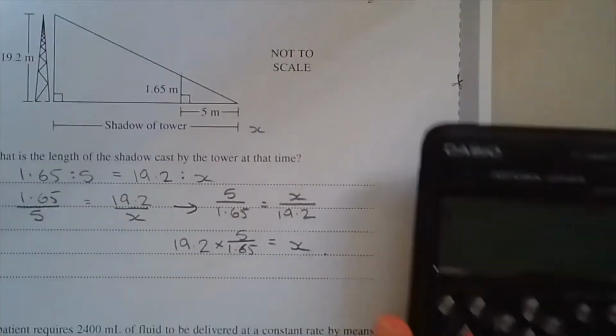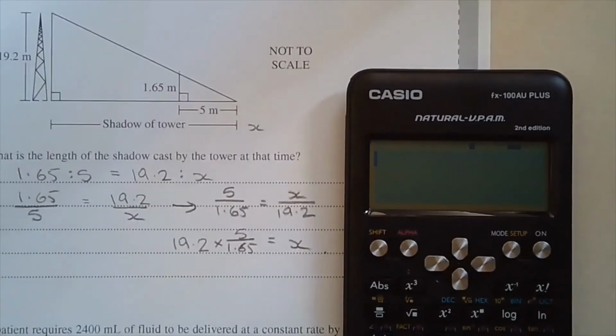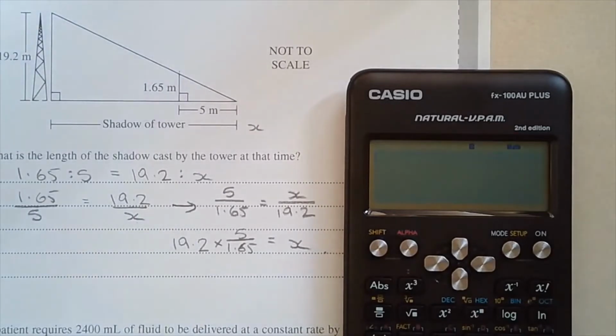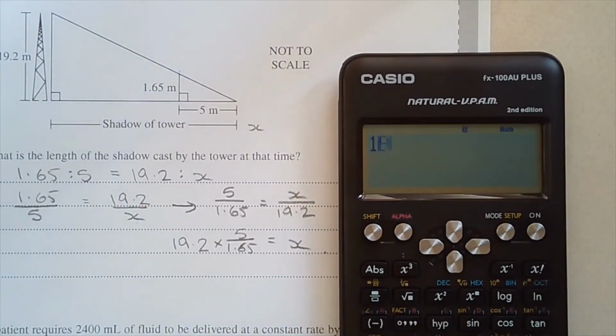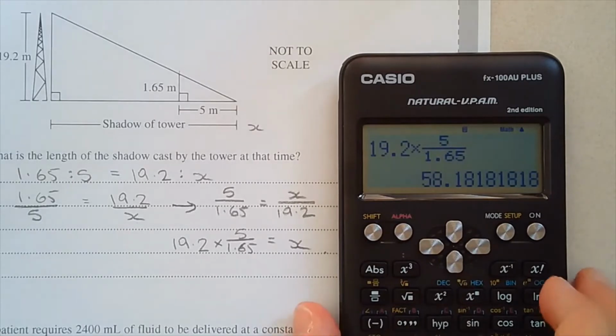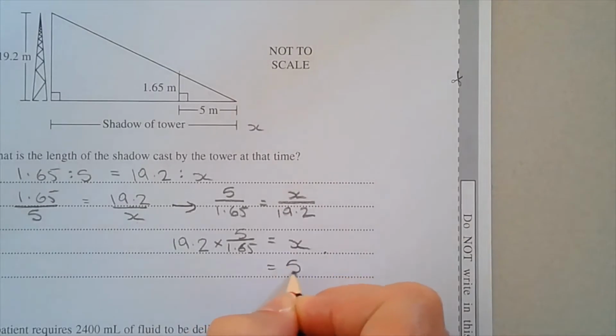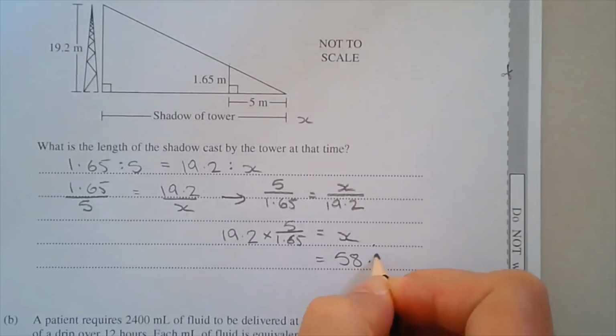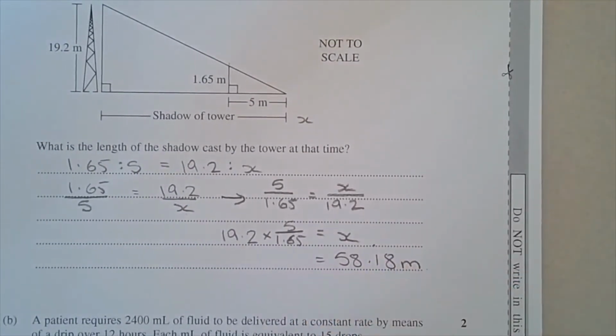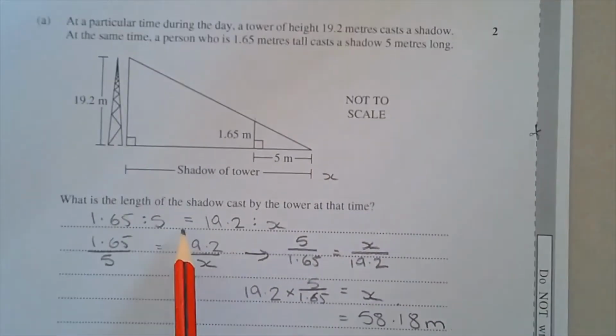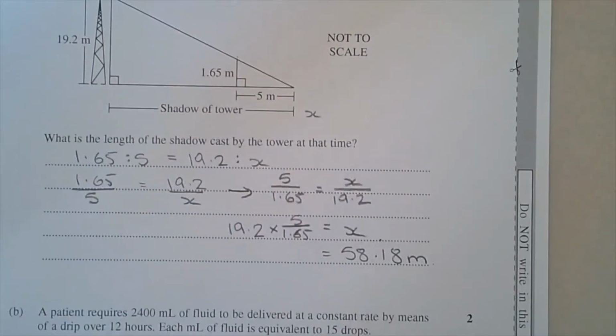Let's evaluate the left-hand side. 19.2 multiplied by 5 over 1.65, and we get 58.18. Let's see if there's any rounding required. No rounding required, so we could leave it correct to 2 decimal places.